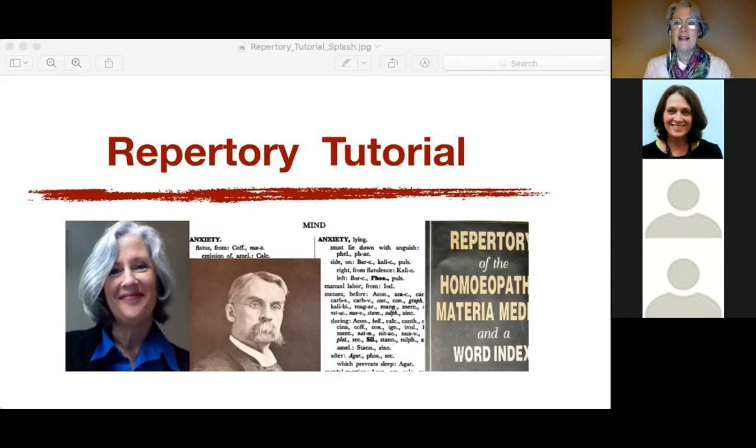All right. And so the symptoms that were produced in these experiments were the same ones that could be relieved by that substance. That's the like cures like part of homeopathy. Homeo, same, pathos, suffering, same suffering, like cures like. So the collections of symptoms became his version of what was called at that time Materia Medica.